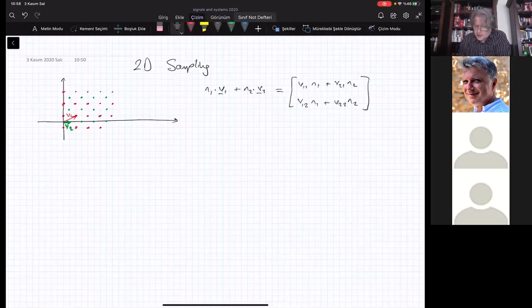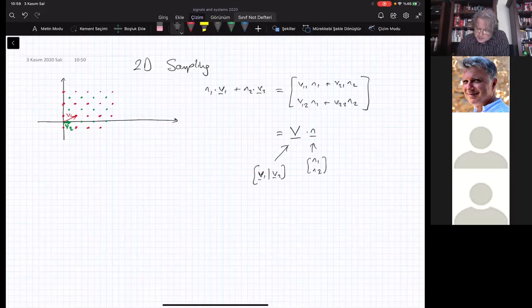which in turn can be written as a V matrix consisting of V1 and V2. So let me show this as V1 and V2. Okay, I form a matrix times an N vector consisting of N1 and N2.